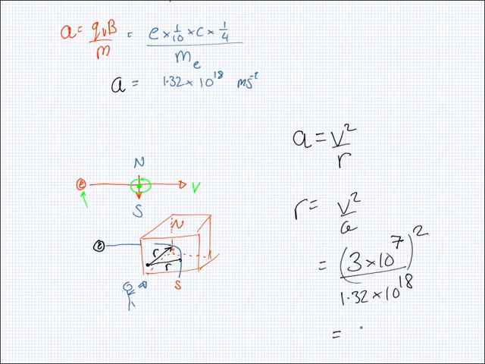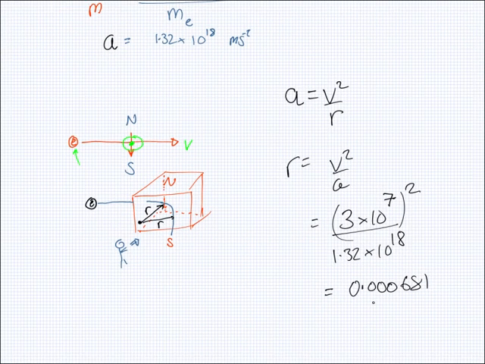Let me check. 7 squared, 1.32. 0.00681, I think it's minus 681.